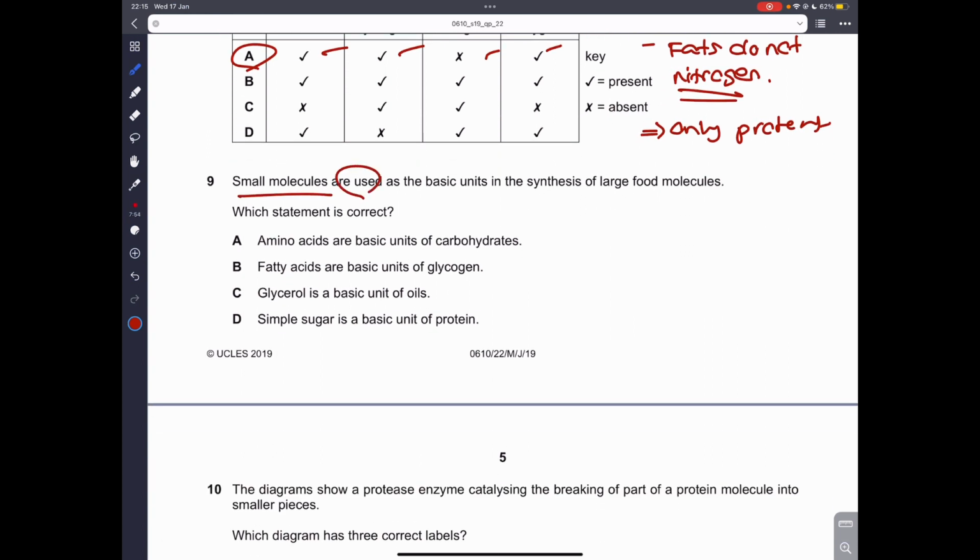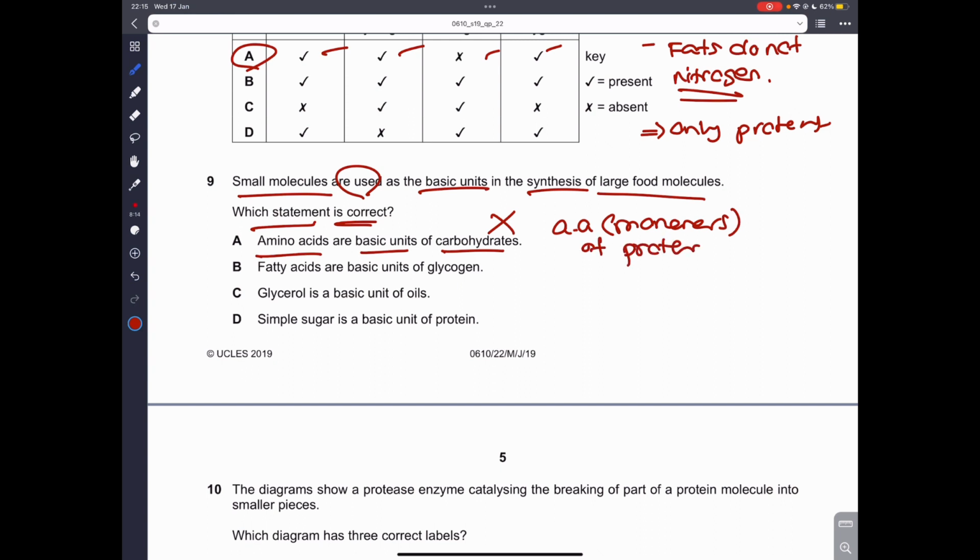Question number 9. Small molecules are used as a basic unit in synthesis of large food molecules. Which statement is correct? Amino acids are the basic units of carbohydrates. Now this is clearly wrong, because amino acids are actually the building blocks or the monomers of proteins. So we can cross out option number A. Now fatty acids are basic units of glycogen.